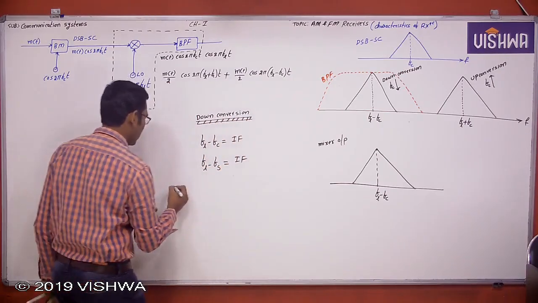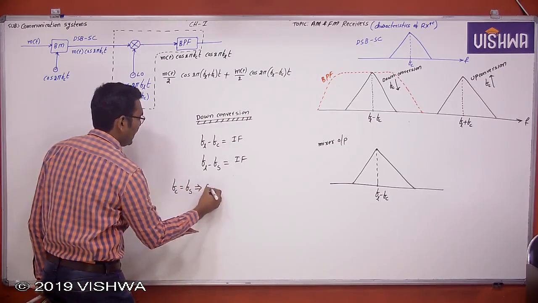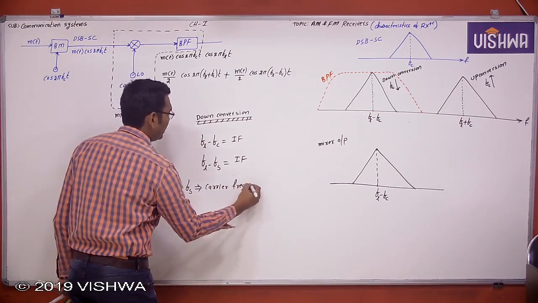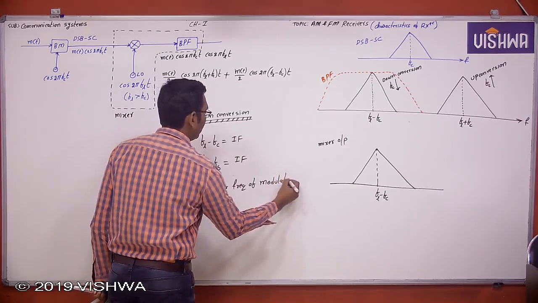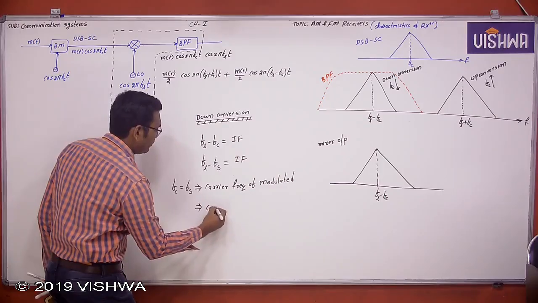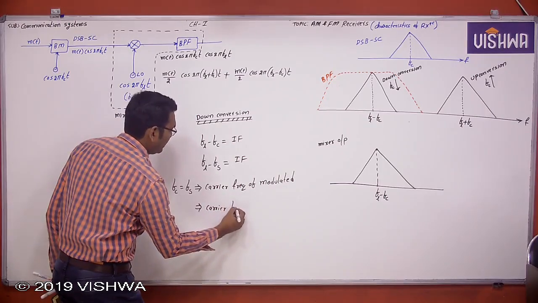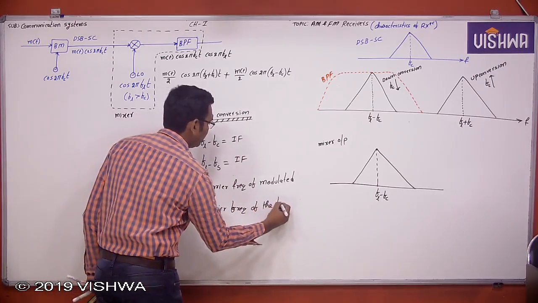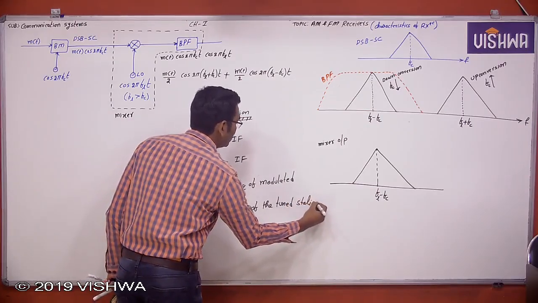FS or FC, both are the same, which is the carrier frequency of the modulated signal, or the carrier frequency of the tuned station.